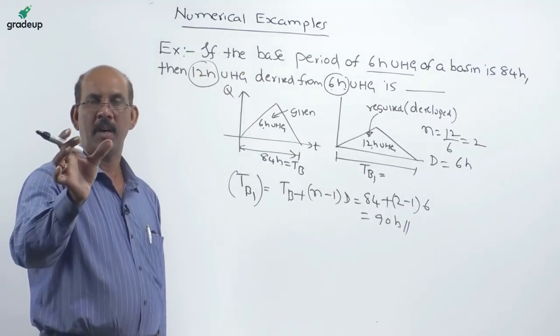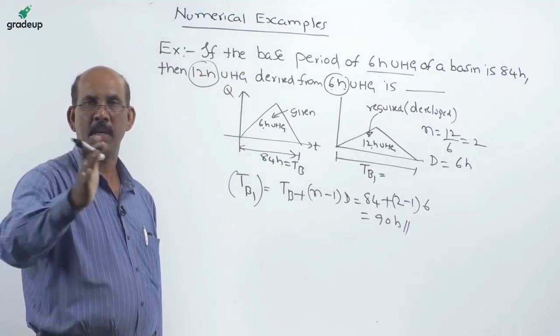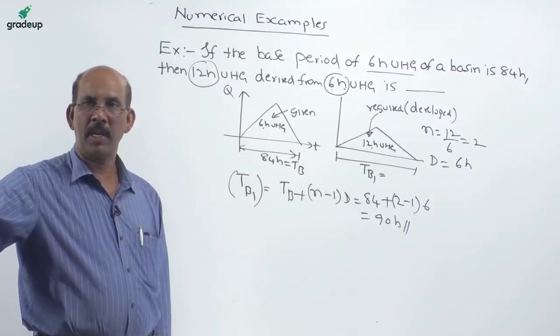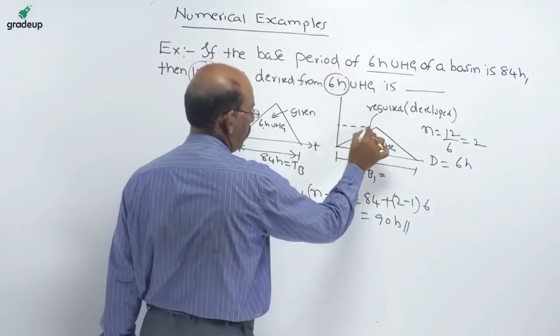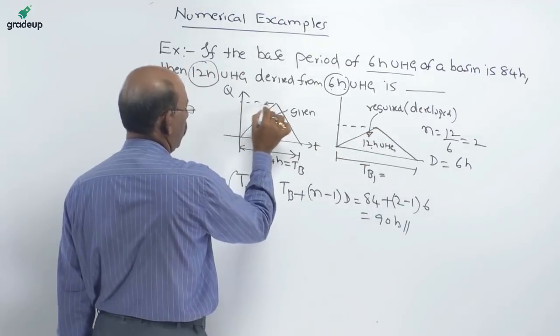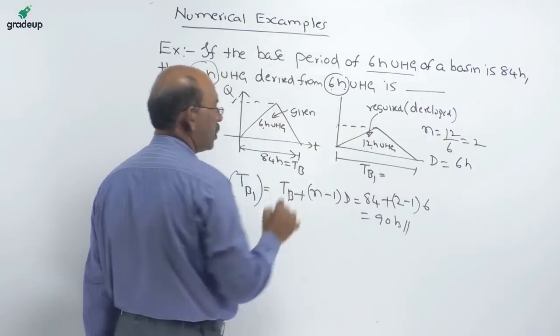As I mentioned, as the base period increases, the discharge decreases. Here the discharge is more, and here the discharge is less.